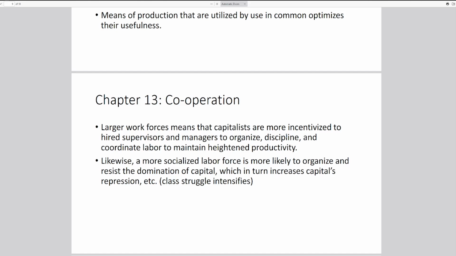Obviously it varies depending on your industry. It's hard to talk in generalities, but everyone is familiar with what I'm talking about: this very bloated administration, this bureaucracy that has arisen through the need to organize and discipline labor.